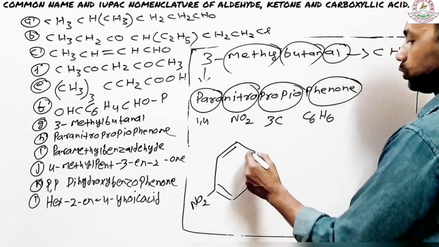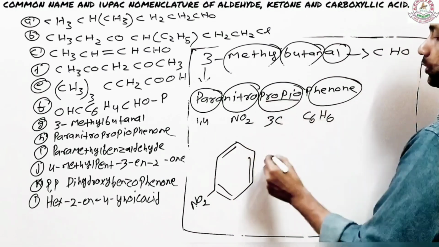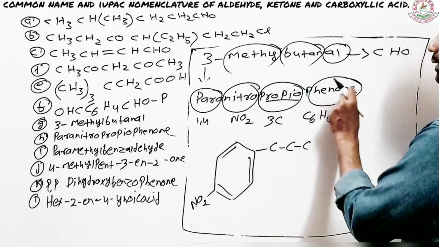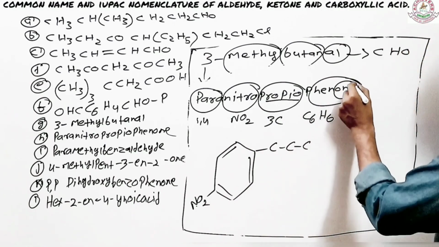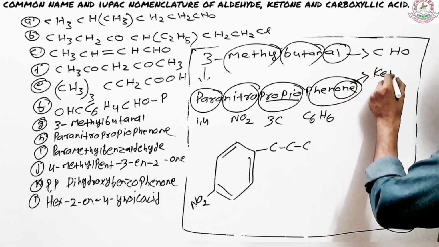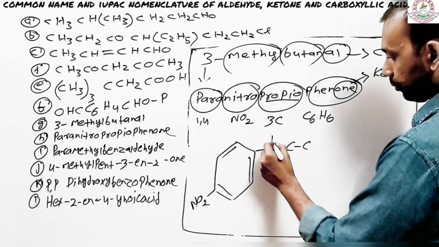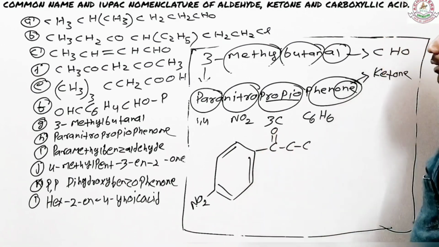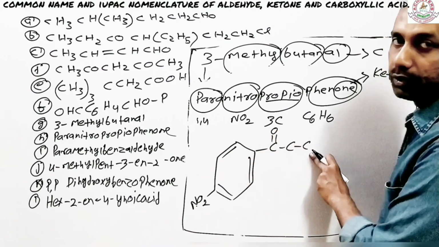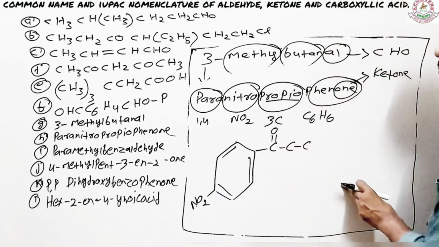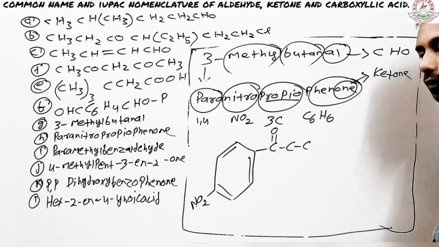That means that propio is going to be somewhere there. Propio, but there is a phenol. This one represents ketone. Ketone always comes in the center, right? Ketone doesn't come on this one, because if you place this oxygen right here, this becomes aldehyde. So this is para nitro propiophenol.